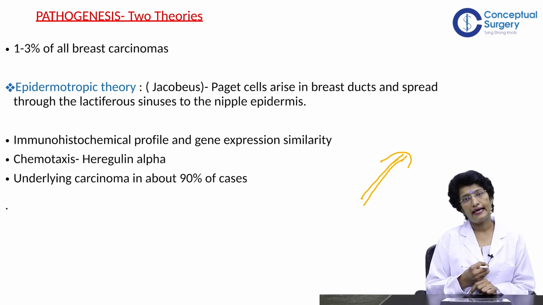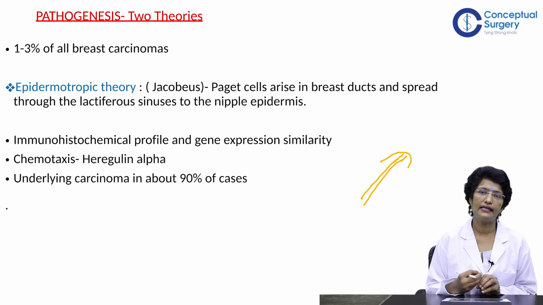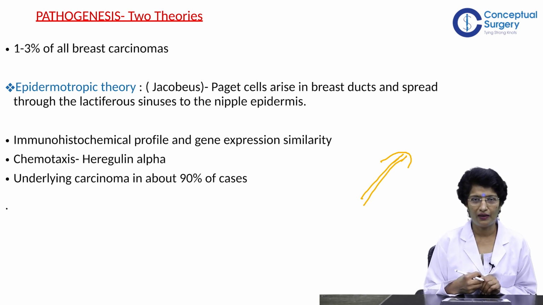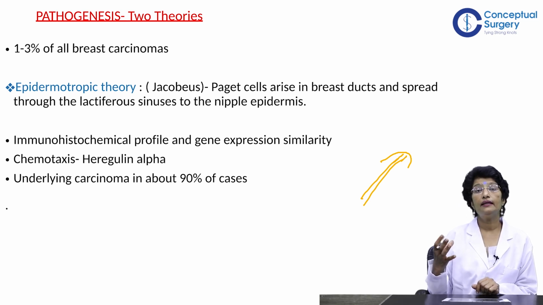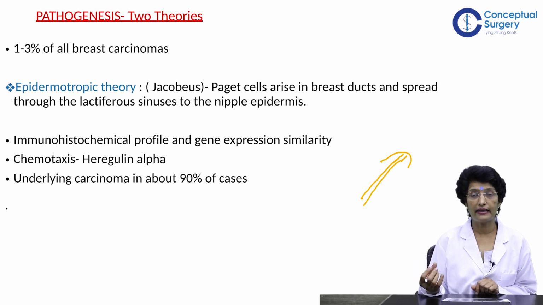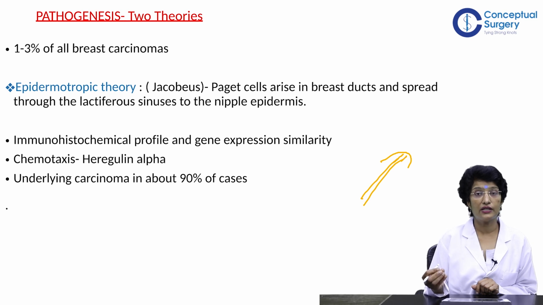One must understand that Paget's disease is usually associated with an underlying carcinoma, and that happens in about 90% of cases. So what about the other 10% where there is no underlying carcinoma? How do you explain Paget's disease in isolation?